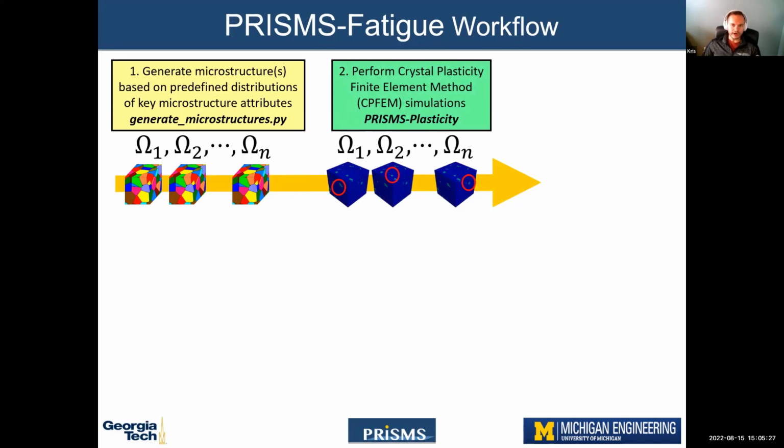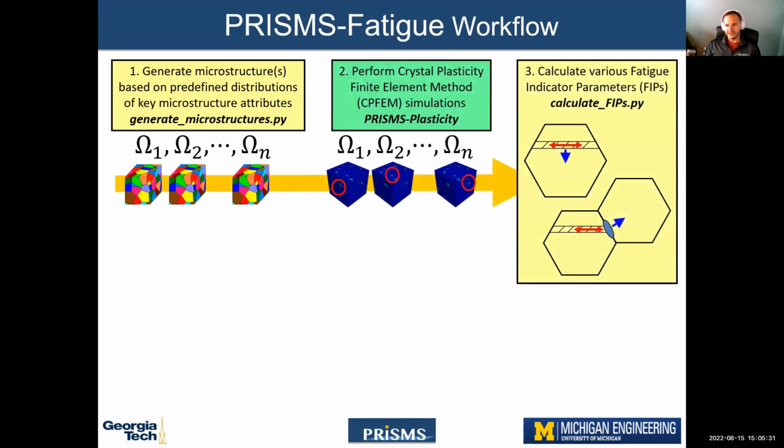But once we have all our outputs, so once we have the output of every voxel, we use the next module, which is called calculate fips.py. What this does is it reads in the response of every voxel in your simulation and computes some type of fatigue indicator parameter, or FIP.